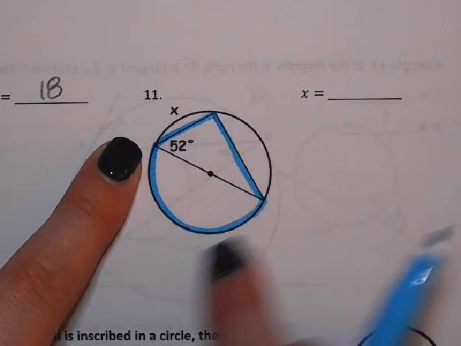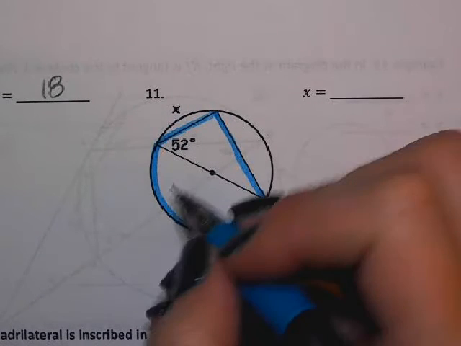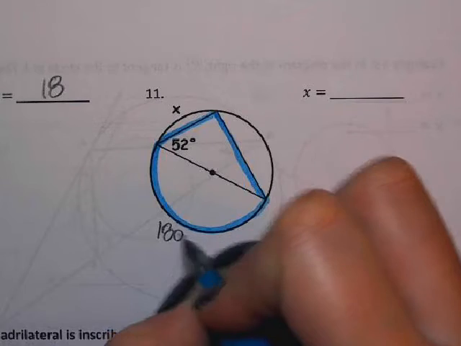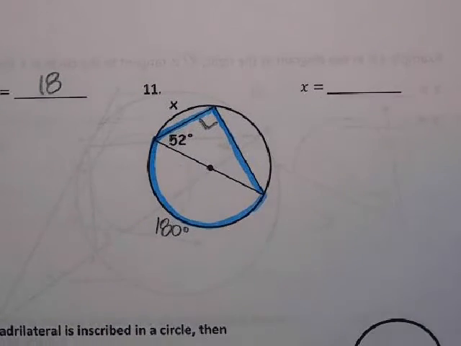The blue arc that I drew is half the circle. So how many degrees is it? The arc itself is 180. What's the angle? 90. There's my 90 degree angle. That's part of it that I've labeled.